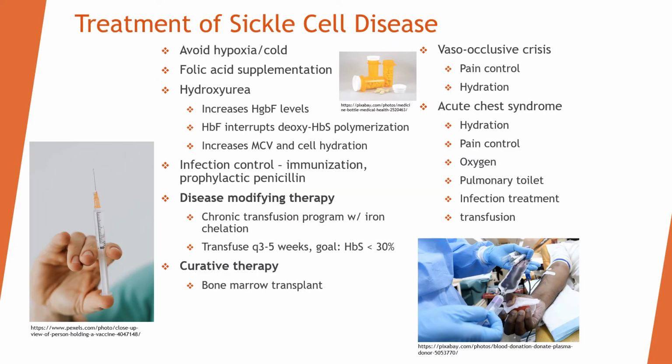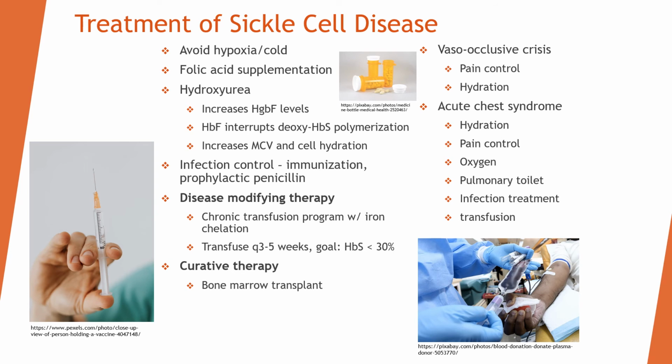Let's go through the treatment for sickle cell disease. First, avoiding hypoxia or the cold will be significant to prevent episodes of sickle cell symptoms and complications. Folic acids help make new red blood cells and may help with the oxygen supply of tissues around the body.